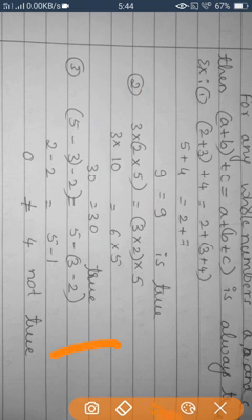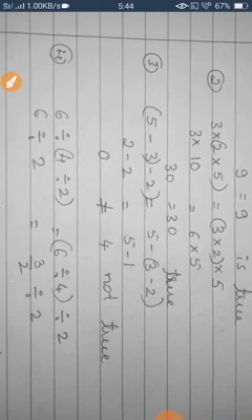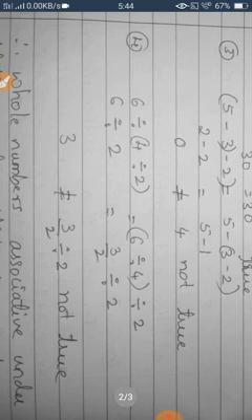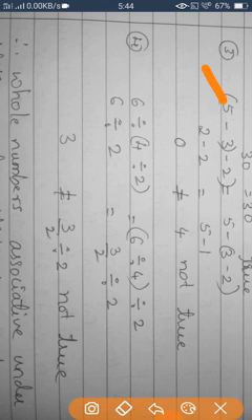It is always not true, just as commutative is not true for them. But we can check once. Okay, see, 5 minus 3 I have associated here, 3 minus 2 I have associated. I have taken a as 5, b as 3, c as 2.